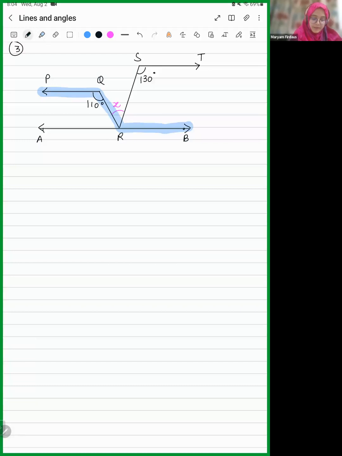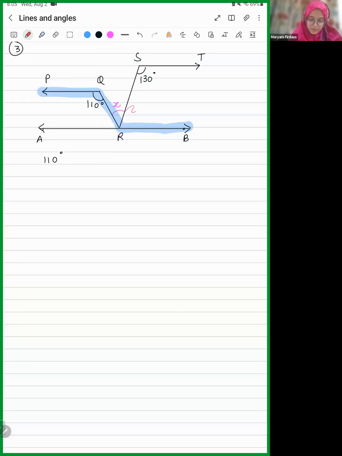And alternate interior angles with what? So one is the 110 degrees and the other is 130. This one, okay.